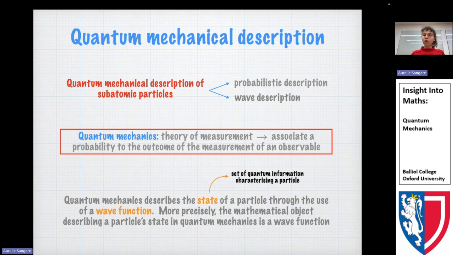So because you are considering this set of particles, you need a probabilistic description, but the quantum mechanical description is also a wave description, since your electrons are both particles and waves.